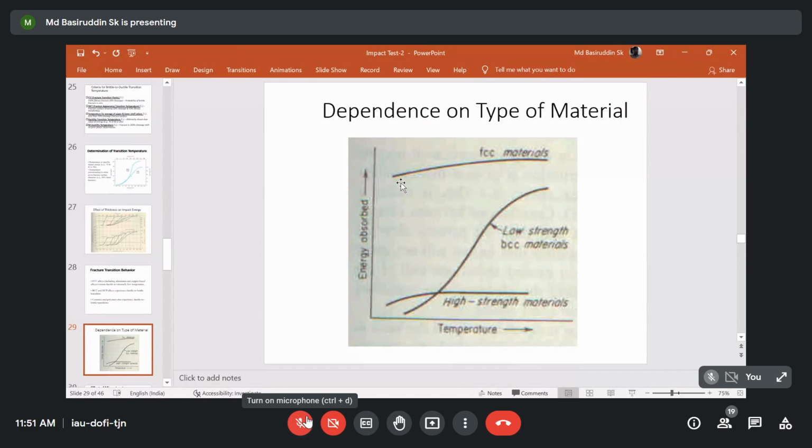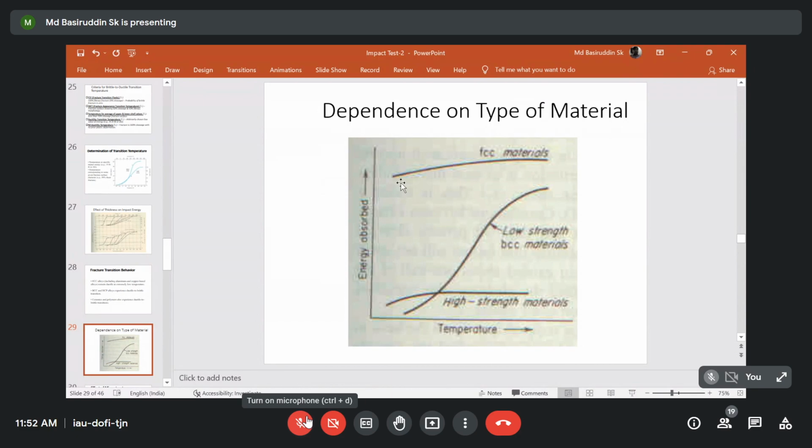How these things vary is also related to the movement of dislocations. At low temperature, for BCC material, the movement of dislocations will be restricted, so no plastic deformation will happen. Once the crack initiates, the material will suddenly fracture by bond breaking.